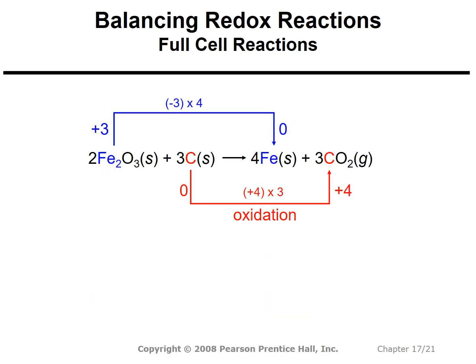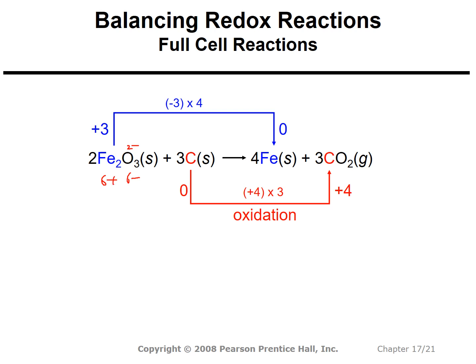Let's go to the full-cell reaction for balancing redox reactions. Here, Fe2O3 and carbon are going to Fe metal and then CO2. Let me check the oxidation number. Oxygen should have 2 minus, but with 3 atoms of oxygen it is 6 minus, so totally Fe should have 6 plus.